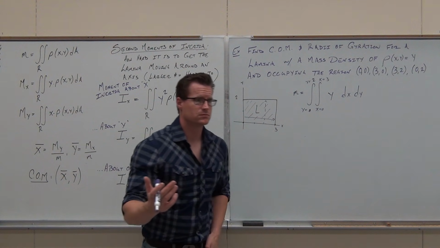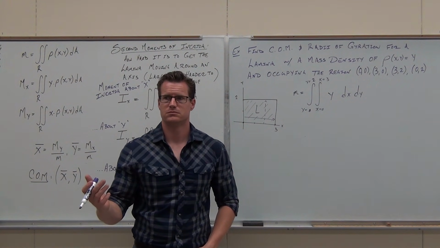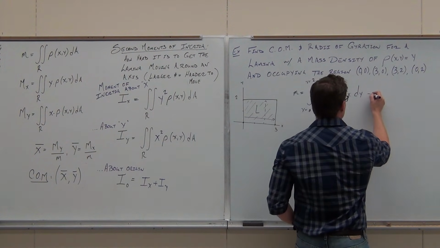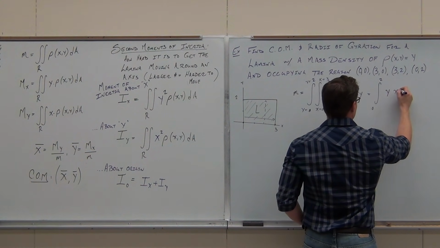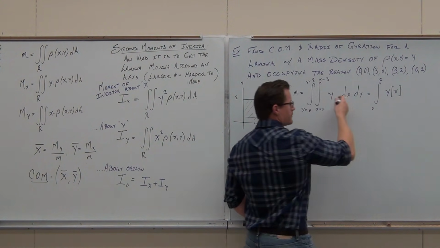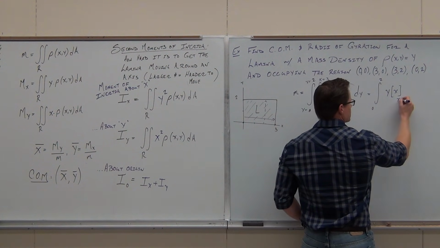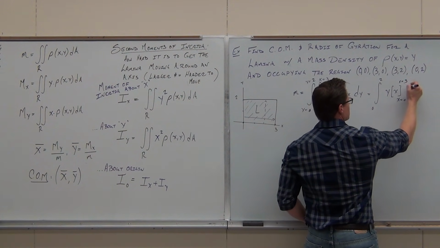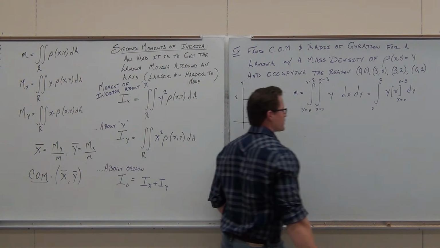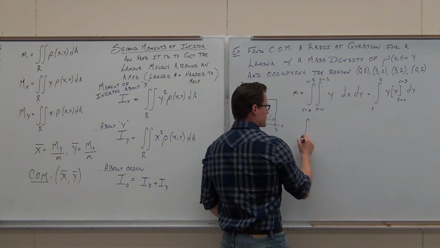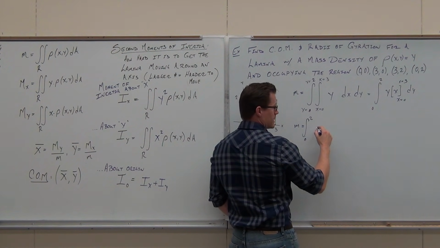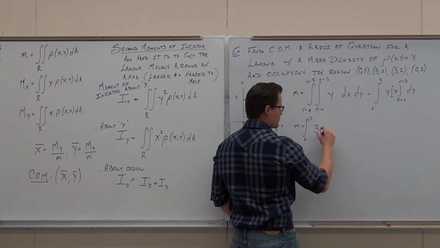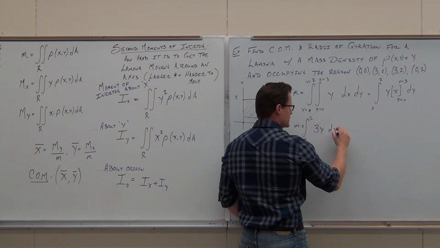Now, can we do it? Let's work on it. Let's go quickly. If I evaluate with respect to x, I'm going to go from x equals 0 to x equals 3. We're going to plug that in, then we're going to integrate with respect to y. So mass equals the integral from 0 to 2 of 3y minus 0 dy.